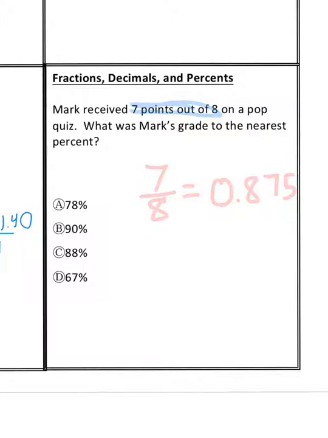That's what comes up on your calculator. To change it to a percent, you move your decimal twice to the right. It would be 87.5%, but notice it says, what is Mark's grade to the nearest percent? So we have to round that. The 5 bumps the 7 up to an 8. So Mark has an 88%, which is a C.